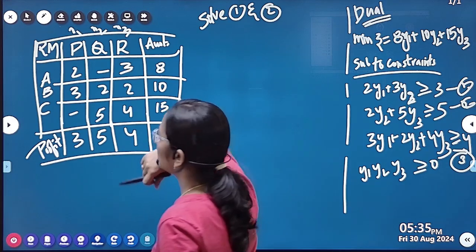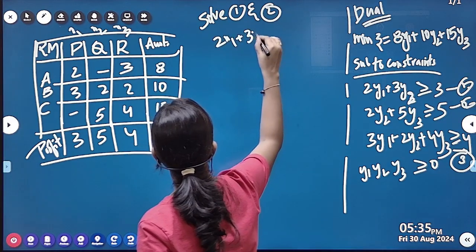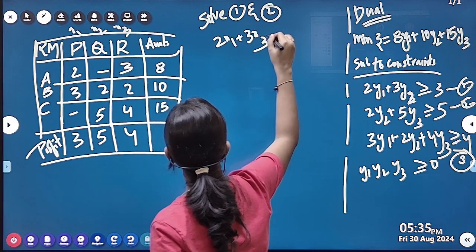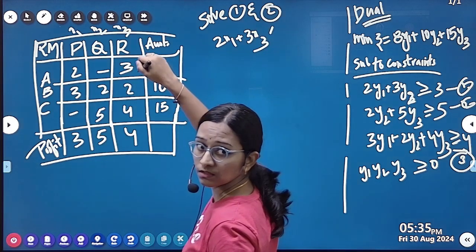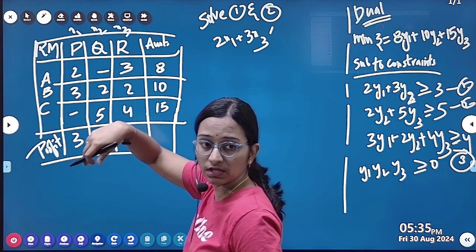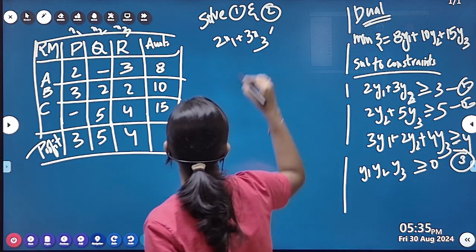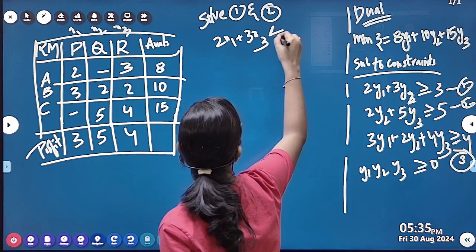Not dual. 2x1 plus 3x3. It is wrong in the question, in your book it is wrong, x3 not x2. Okay, it is less than or equal to 8.